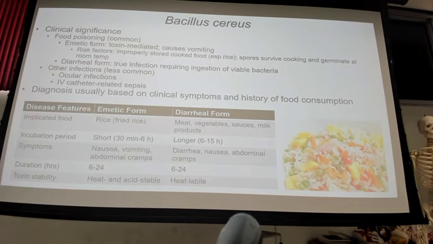One more, this is the last slide, Bacillus cereus, also in the same genus, also spore forming. This is definitely another toxin producing bacterial species. It's associated heavily with food poisoning. There are 2 forms to be familiar with, emetic form and diarrheal form.